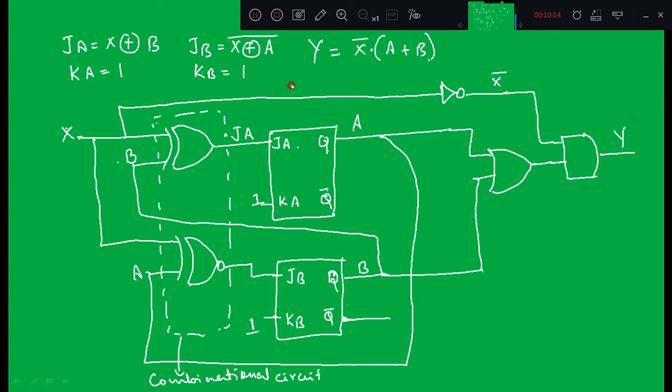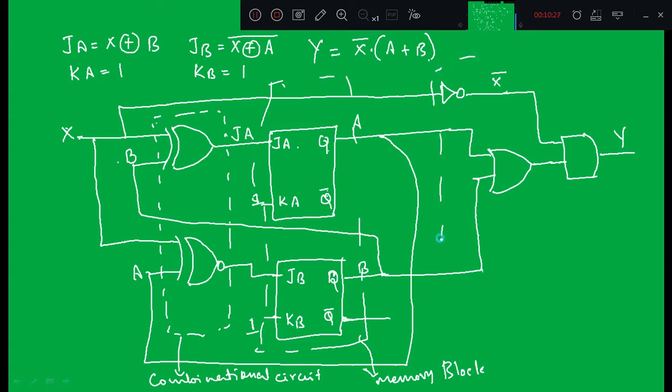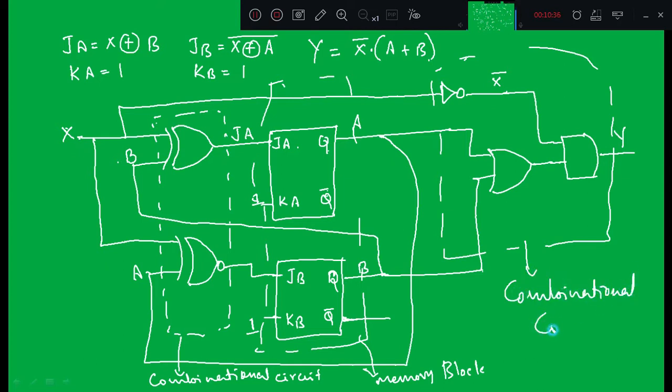Next, this is a memory block which contains the flip-flops, and the last one, you can put all three gates in the last part, which is again a combinational circuit, right?